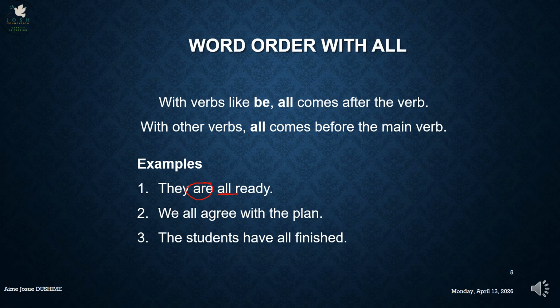This is the first thing here. All comes after verb to be. We have verb to be here and then all. But when you have other verbs, let me try to highlight it. Like this one, here they say that all comes before the main verb. We have all here.